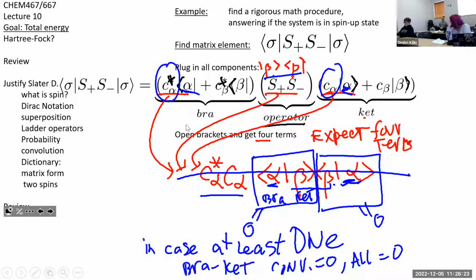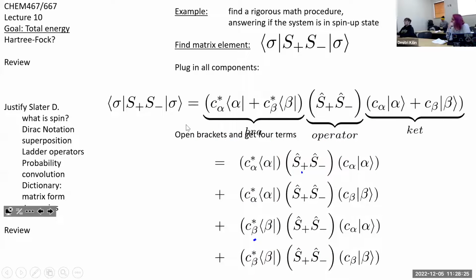So if we open the brackets, C alpha star C alpha, alpha bra alpha ket. You're following, right? Then C star alpha C beta, alpha bra, beta ket, and the operator is in between everywhere.